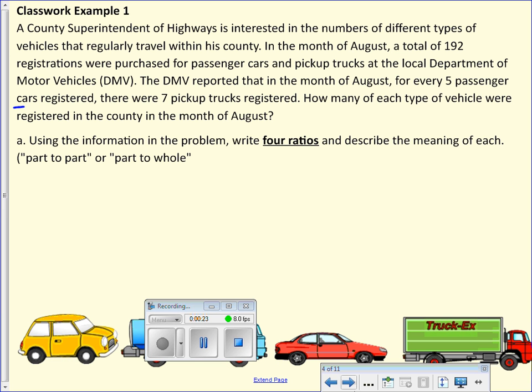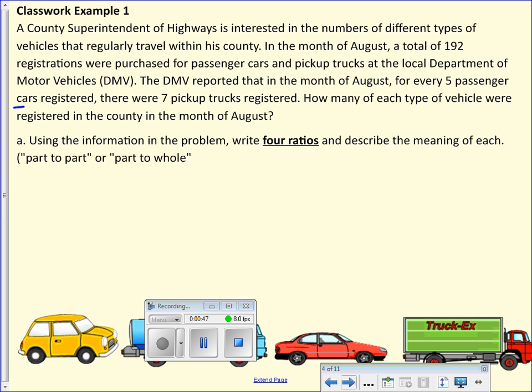So looking at today's notes, which is page 15 in your modules, hopefully you already have the date on top of the page, 9/12. So let's read the first example. A county superintendent of highways is interested in the numbers of different types of vehicles that regularly travel within this county.